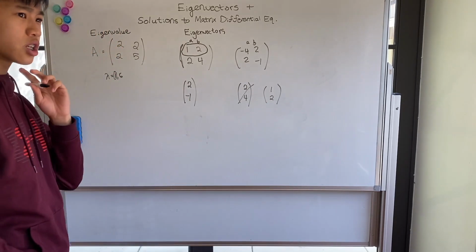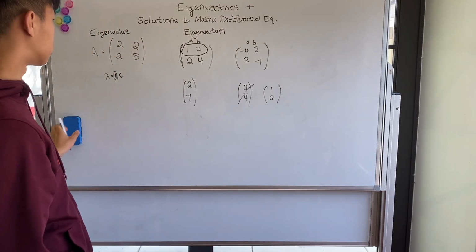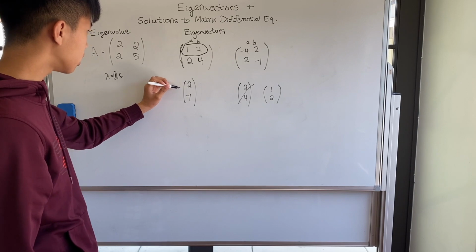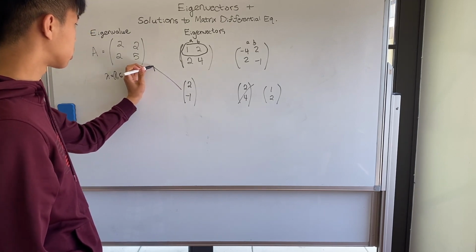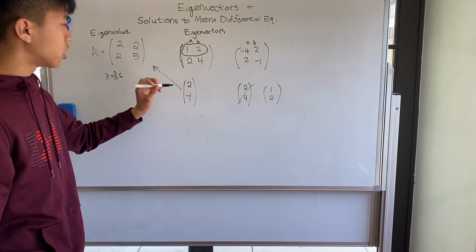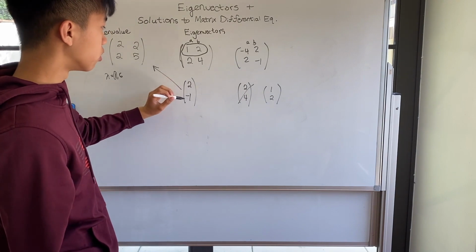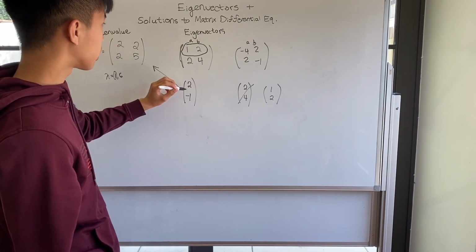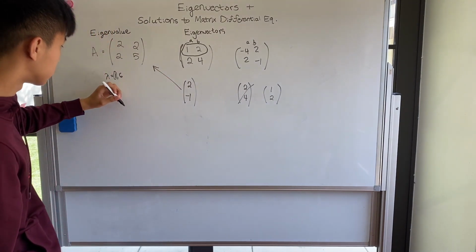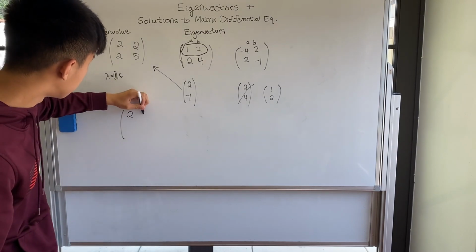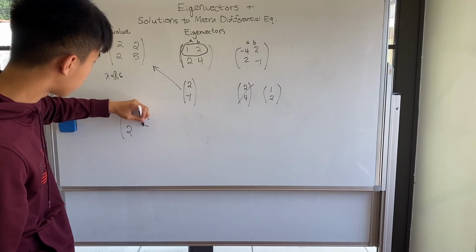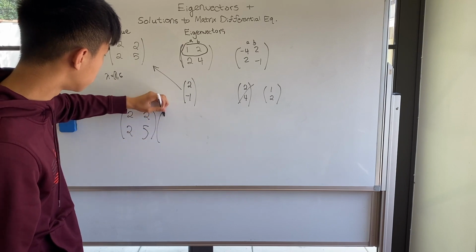An interesting property of eigenvectors is that when you multiply the eigenvector with the original matrix, we get a perfect multiple of that eigenvector. So let's try that out. 2, 2, 2, 5 times 2, -1.